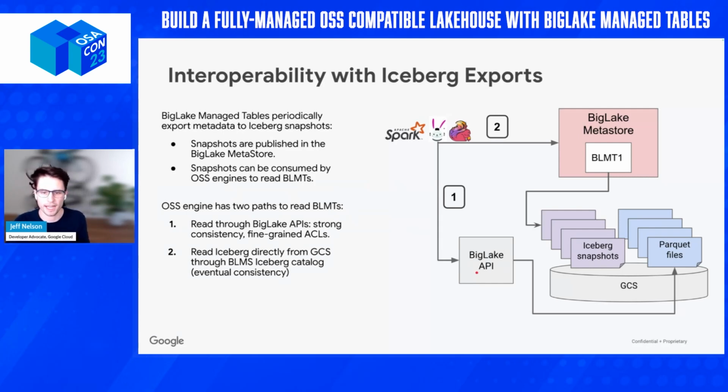And the advantage again here is that you get strong consistency and you can apply fine-grained access controls here because the BigLake API layer enforces things like row or column level access controls or data masking. The other approach is to access Iceberg tables directly from an object store. So the query engine would discover the Iceberg snapshots from the BigLake metastore and then read the data directly as Iceberg tables using some sort of open source Iceberg library.